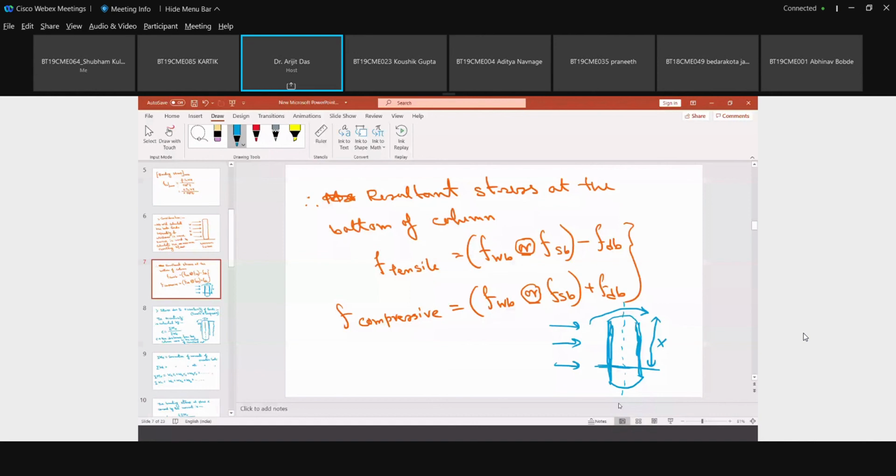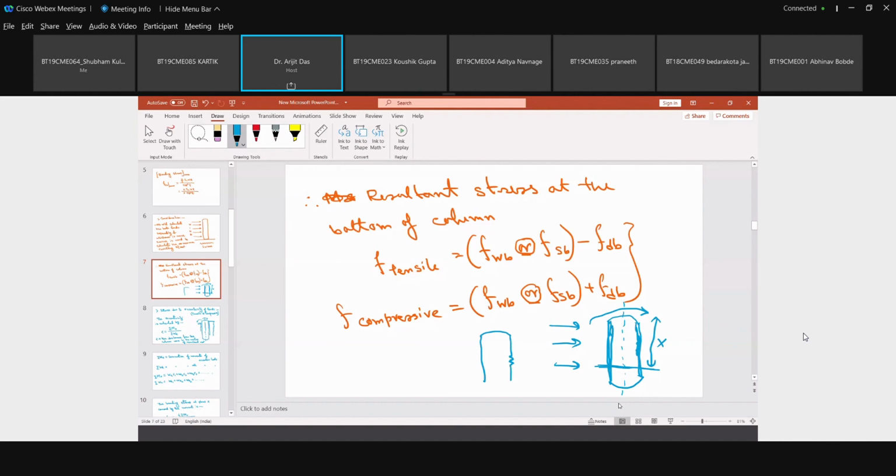Definitely, if it bends, the thickness or the wall of the container or column on this side will be in compression, and these portions will be in tension. Here is the bending point.